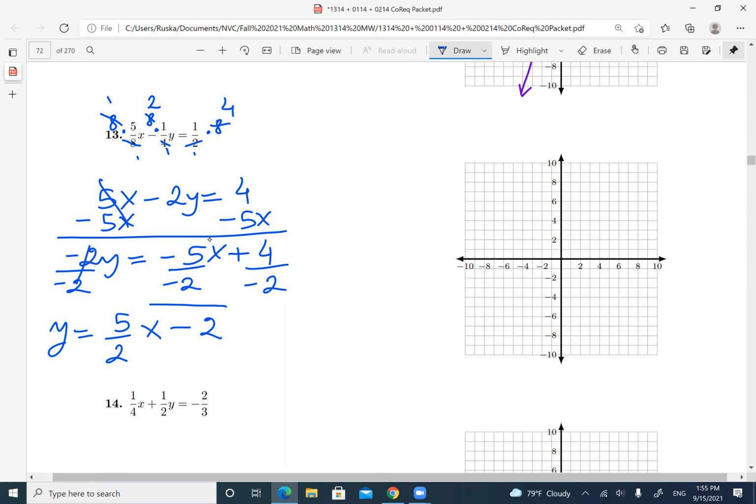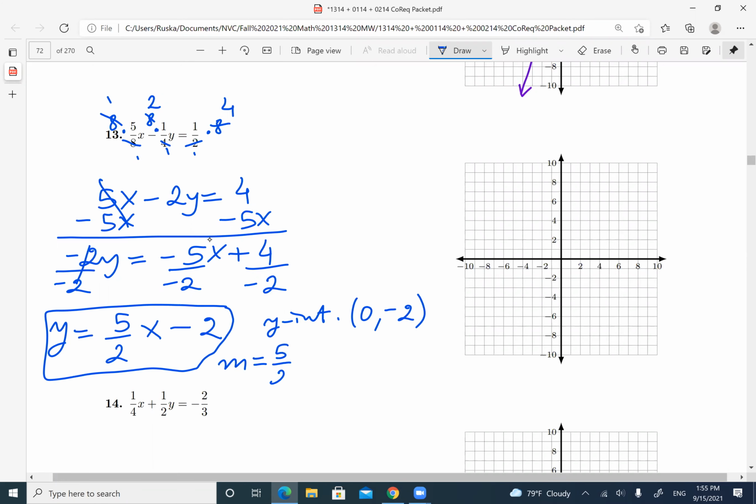So this is the equation in slope-intercept form. The y-intercept is going to be 0 and -2. And the slope is 5 over 2. It's positive 5 over 2. So it's going to be 5 up and 2 over to the right.